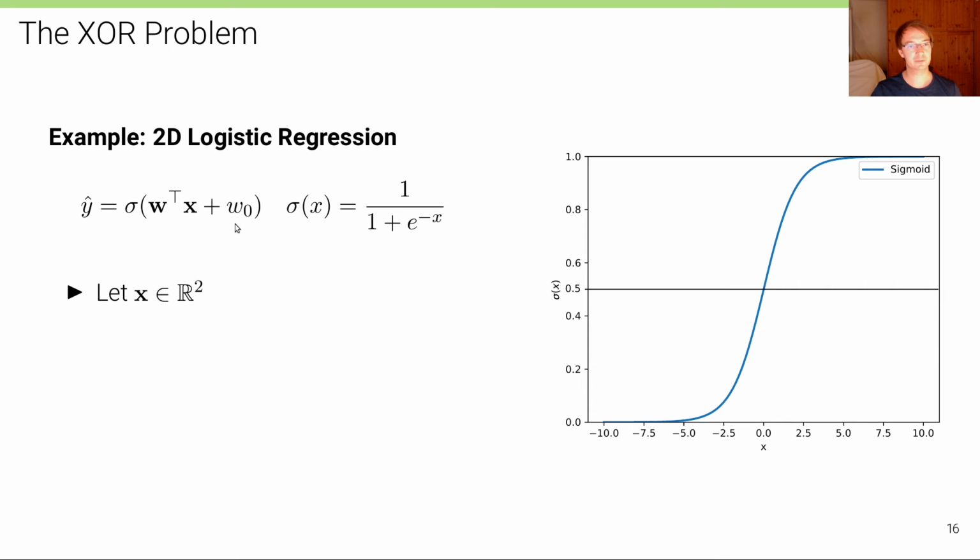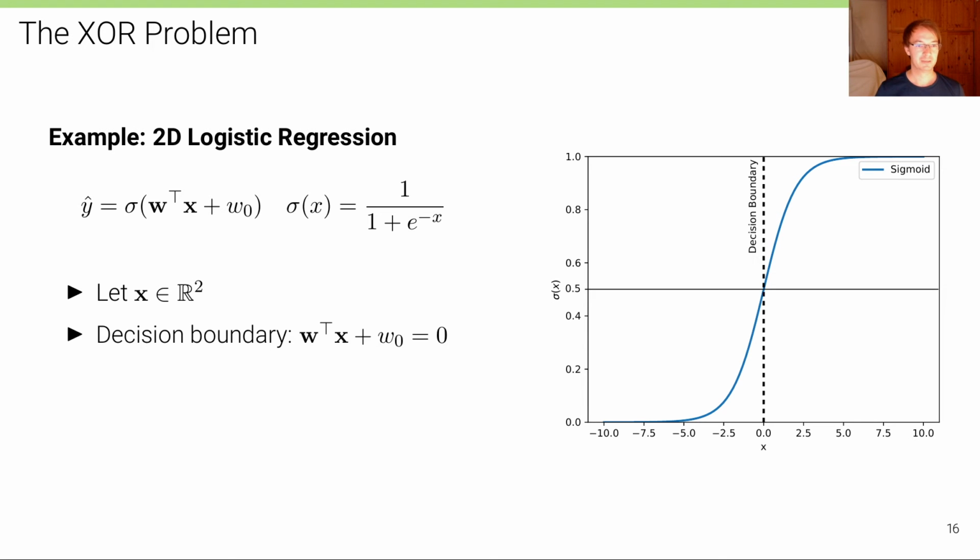So 3 parameters in total with a 2-dimensional input. The decision boundary of our logistic classifier is exactly at 0, because at 0 the input of the sigmoid is 0.